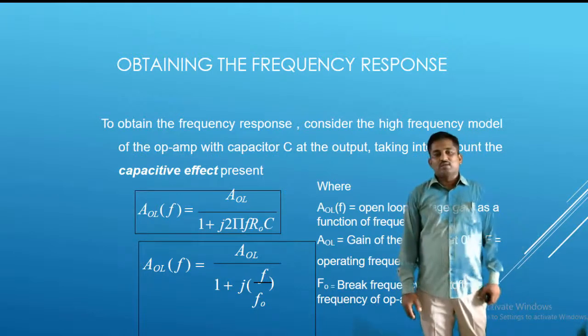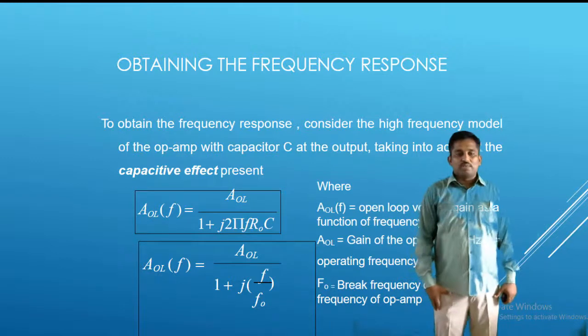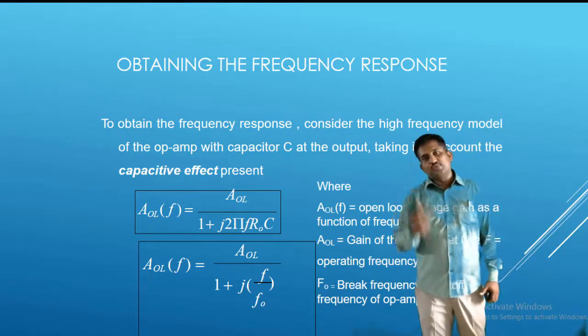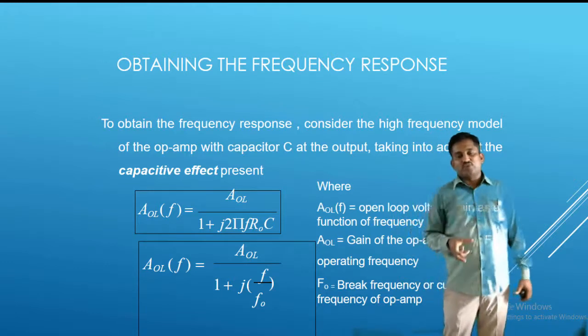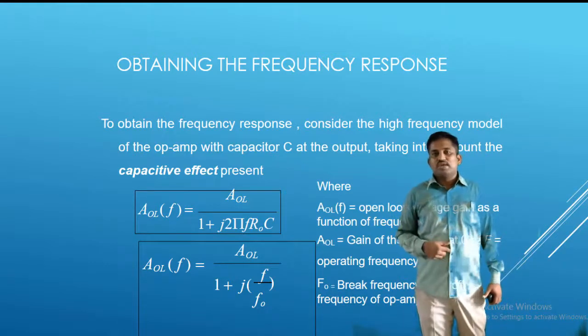So I will get A0L(f) = A0L divided by 1 + j·2π·f·R0·C. That is the transfer function, and the op-amp has a break frequency.